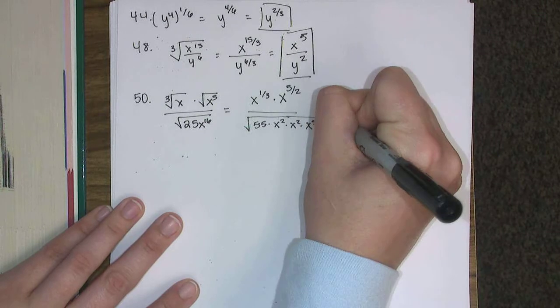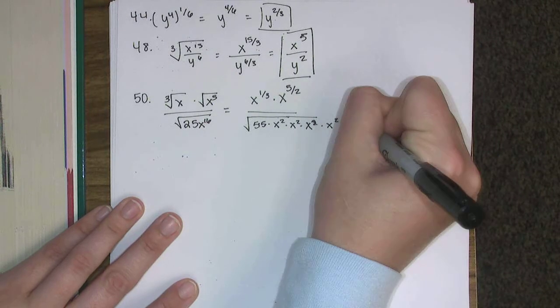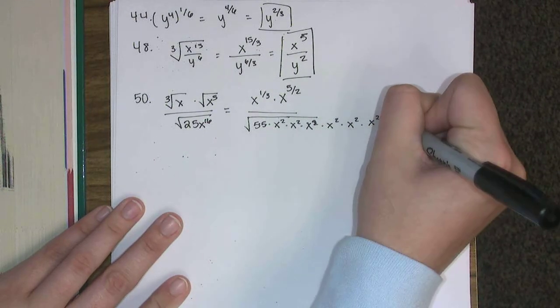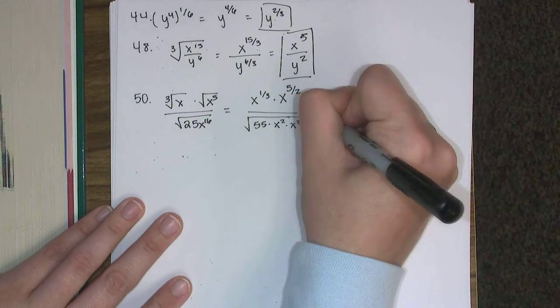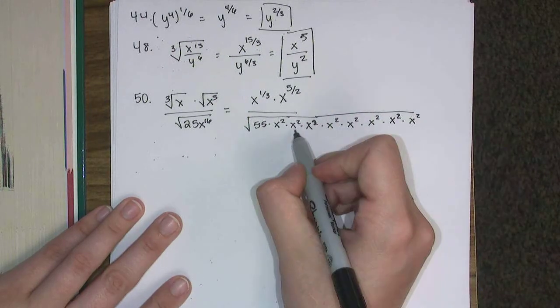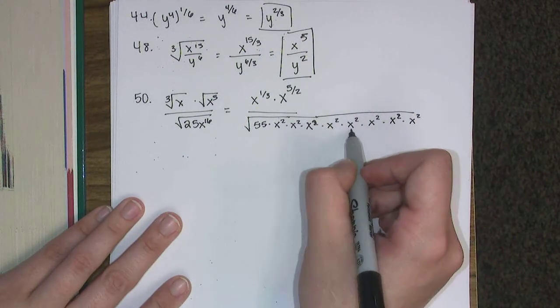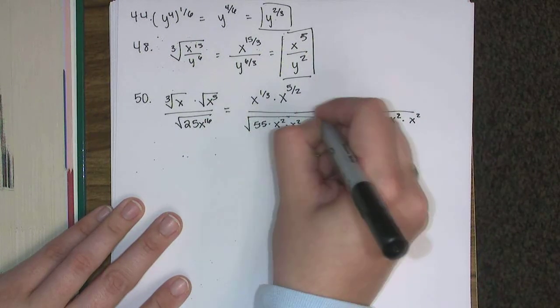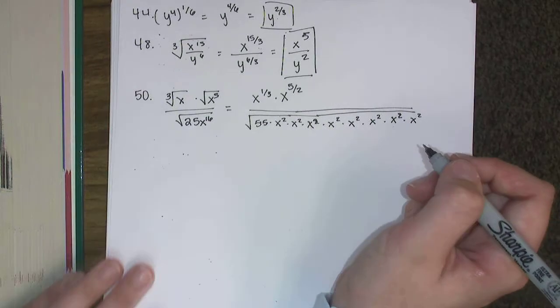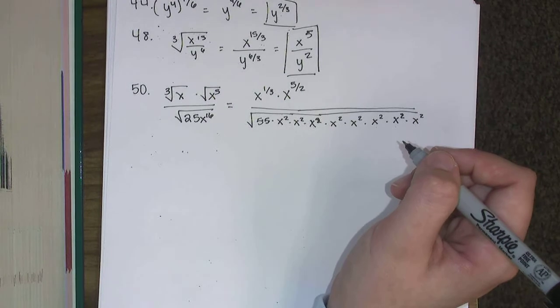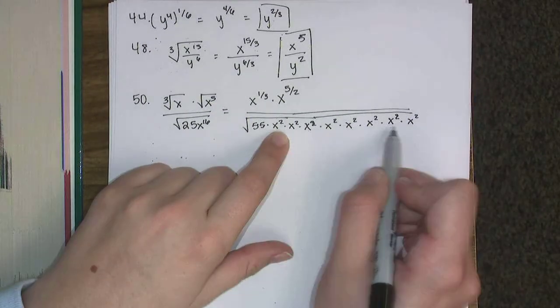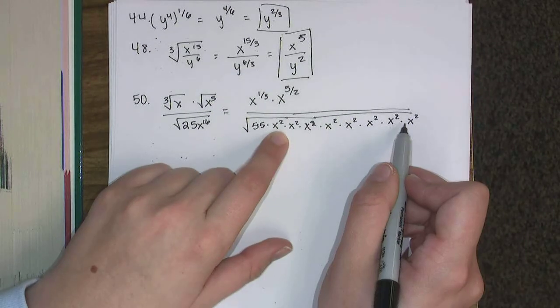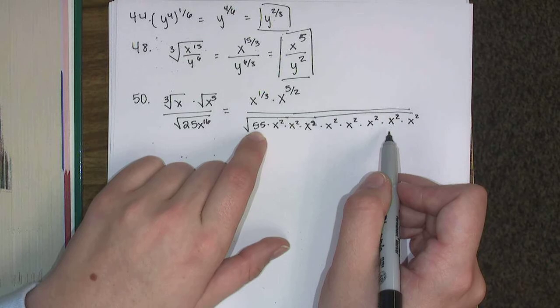Let's check: 1, 2, 3, 4, 5, 6, 7, 8. It's hard to count and do that at the same time, which is why some of them look a little funky. So I can pull out 8 x's and a 5 from the bottom, because they're in groups of 2, taking the square root on the bottom. So my bottom becomes 5x to the 8th.